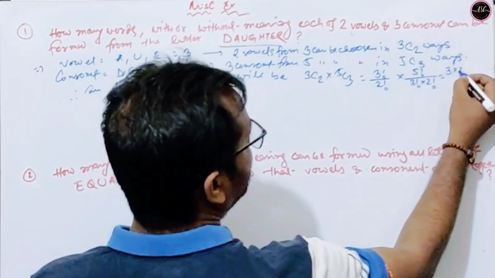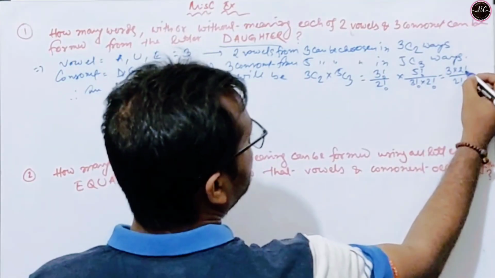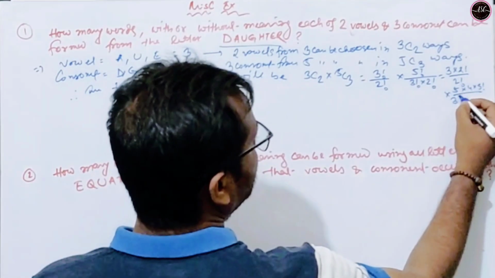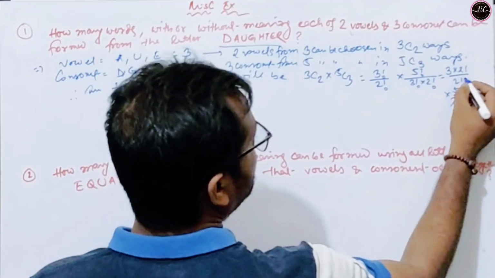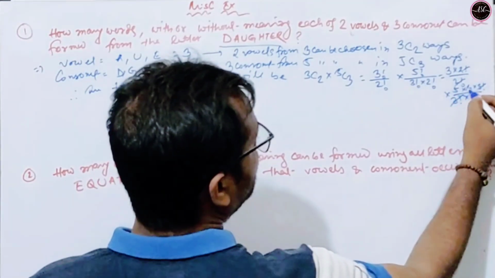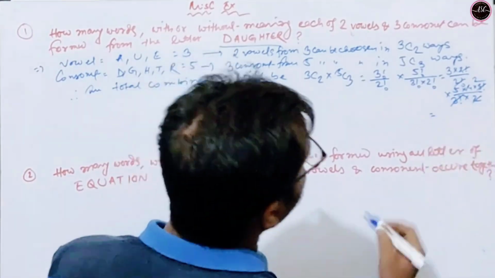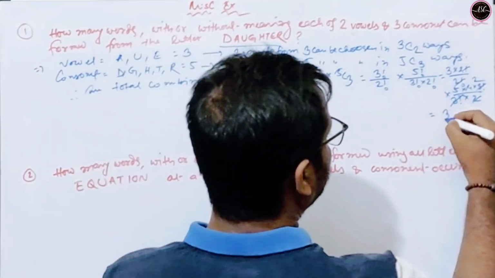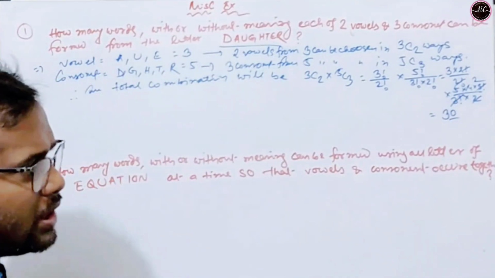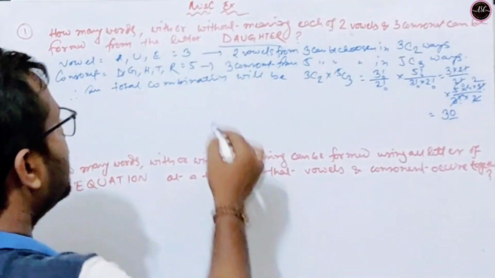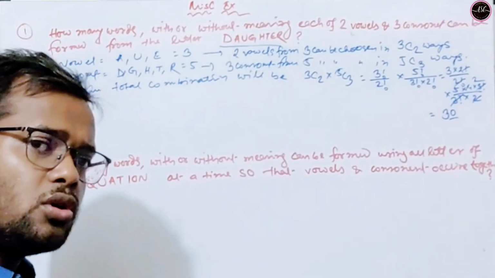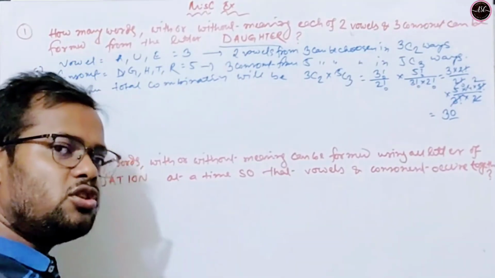Just 3 into 2 factorial divided by 2 factorial, and here 5 into 4 into 3 factorial divided by 3 factorial into 2 factorial. The 3 factorial and 2 factorial will be cancelled out, and here 2. That means we have 30 combinations. So 30 combinations, each consisting of 2 plus 3 letters, so each consists of 5 letters.